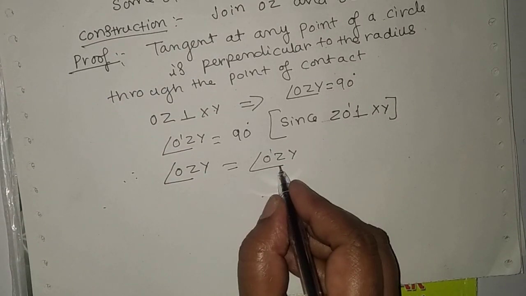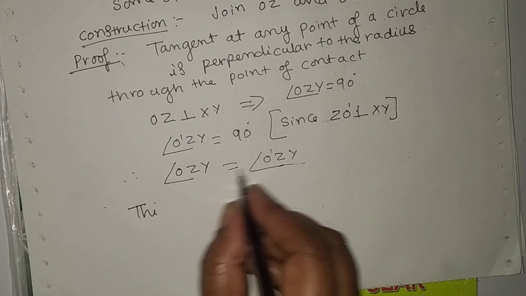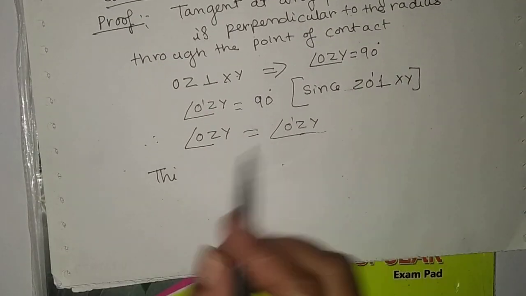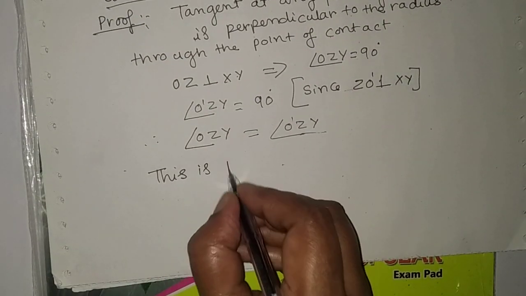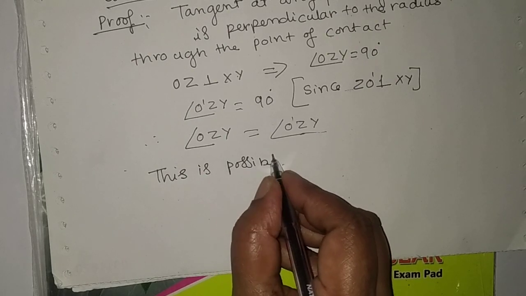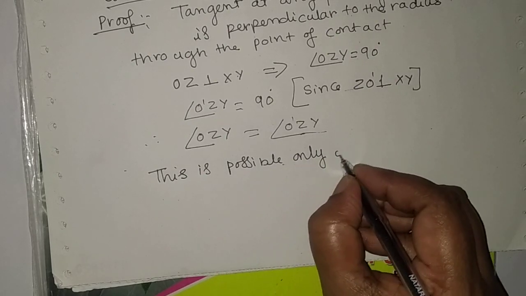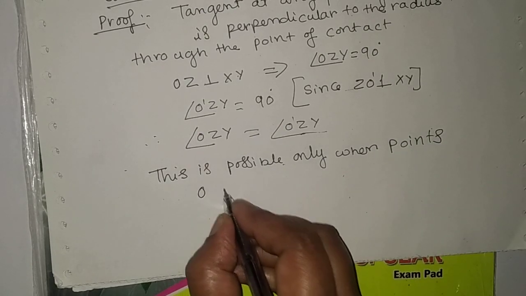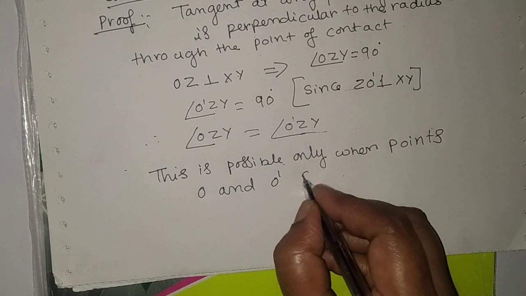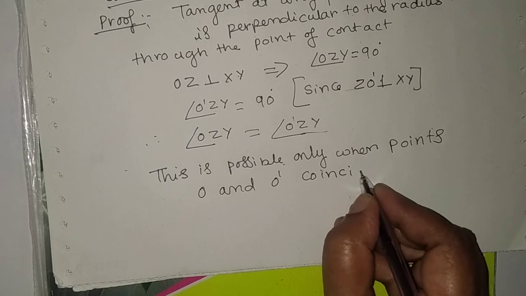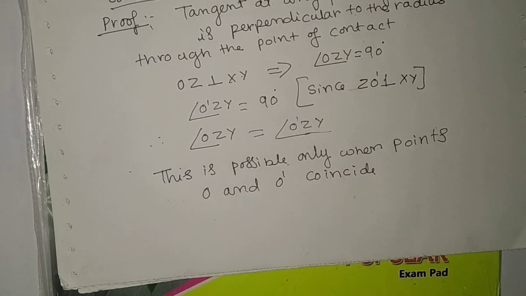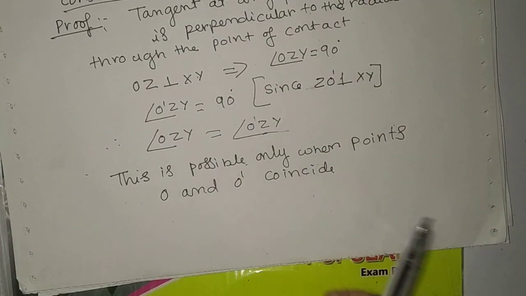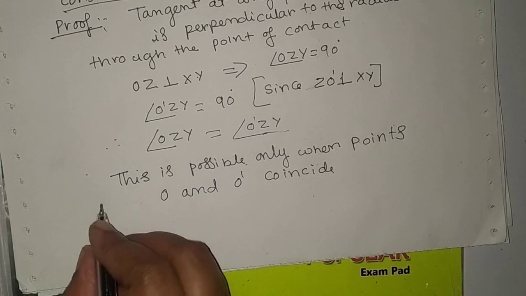This is possible only when the points O and O dash coincide, that is, when both lines coincide. So this is the last line of the proof.